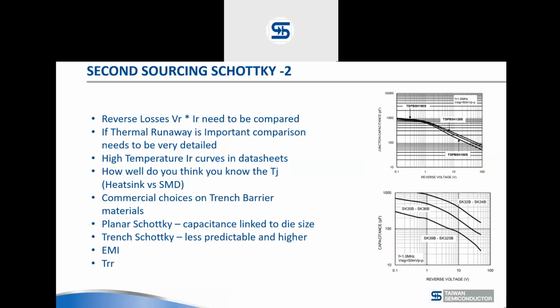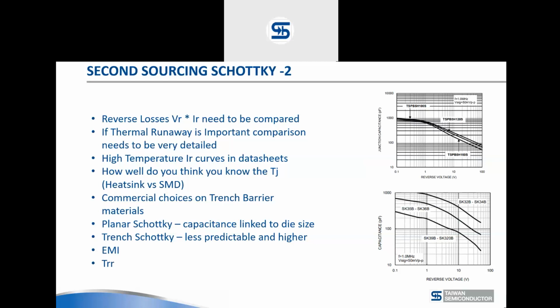There are commercial choices on trench barrier diodes. I just wanted to point this out to you. I say that leakage current is better on trench, and that is correct because the die size is smaller, but if I am a designer under pressure from a marketing department to make a cost-efficient device, then you can reduce the die size of your trench Schottky.